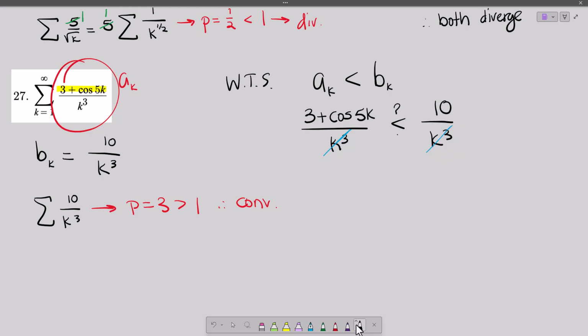So the 3 is a constant, so we would say it's insignificant. So we can get rid of that constant because it's insignificant. This is also like a constant when k gets very large. And so we can take the part in yellow, the numerator, and replace it with any constant that we want.